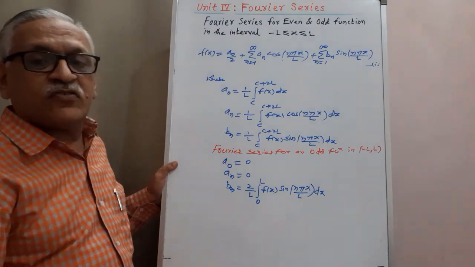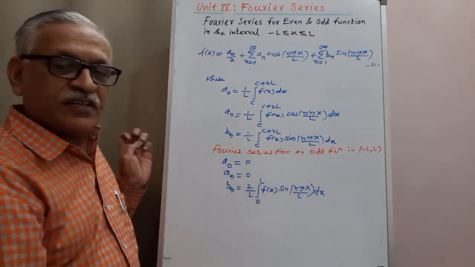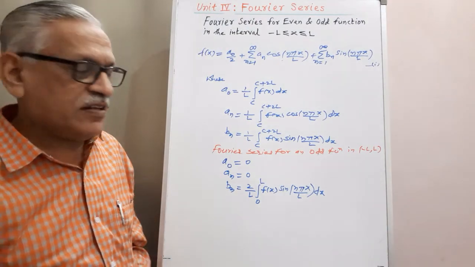Therefore, these are the values of A0, An, Bn for an odd function in the interval minus L to L.